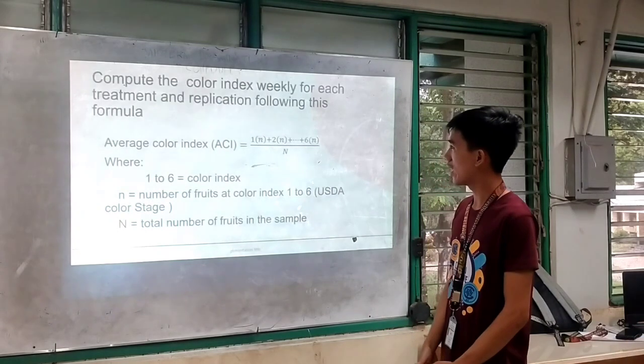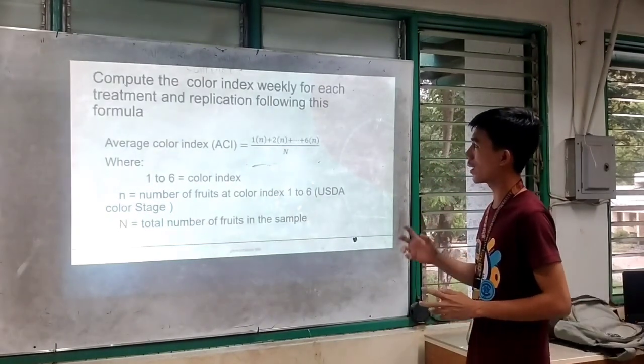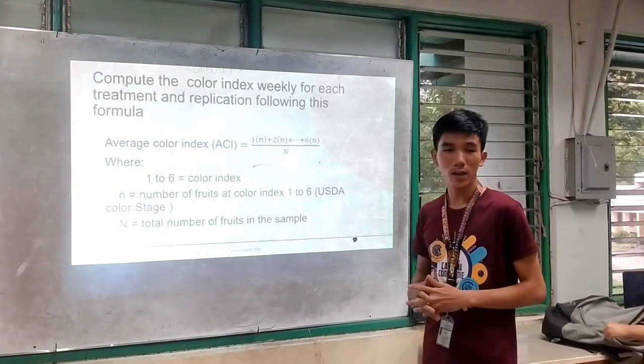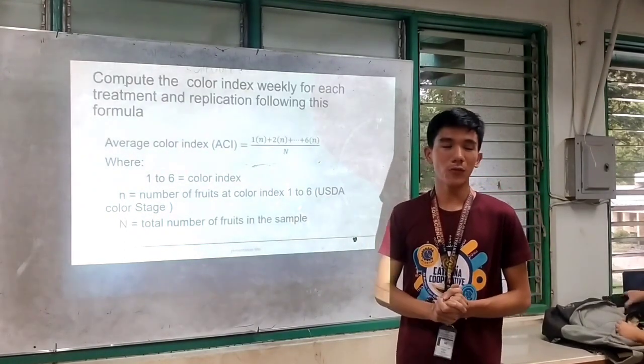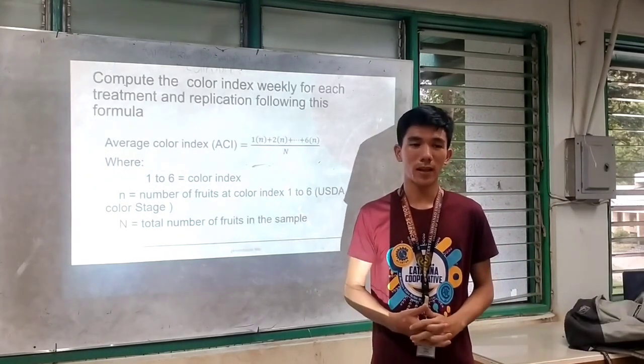So now we need to compute the color index weekly for each treatment and replication following this formula. We gathered data for about 2 weeks of observation of the eggplant.